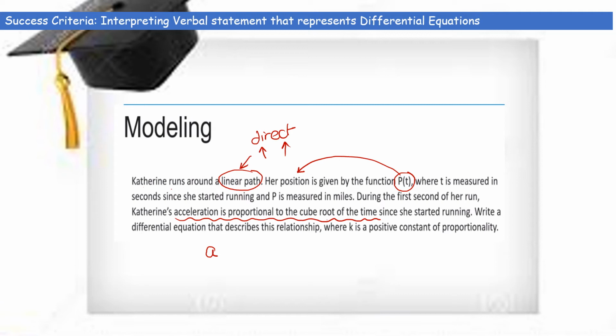If they are not writing any inverse or direct word, it is obvious that they are talking about direct proportionality. So it equals k times the cube root of t. I wrote it here. Now read more. Write a differential equation that describes this relationship, the acceleration relationship, where k is a positive constant of proportionality.